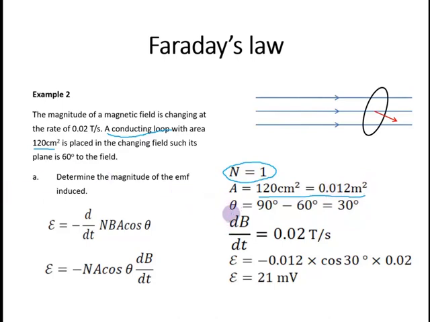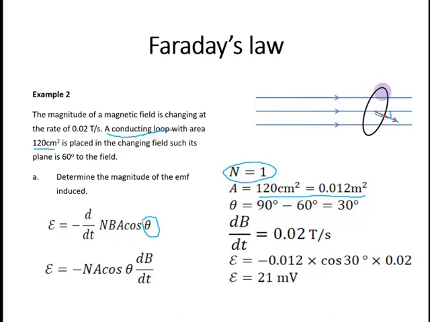Then we are told about the angle of the plane. In this particular case, you have to be very, very careful. I've been emphasizing this. If you go to Faraday's law, this angle here is the angle the area vector, which is in this direction, makes with the direction of the field.